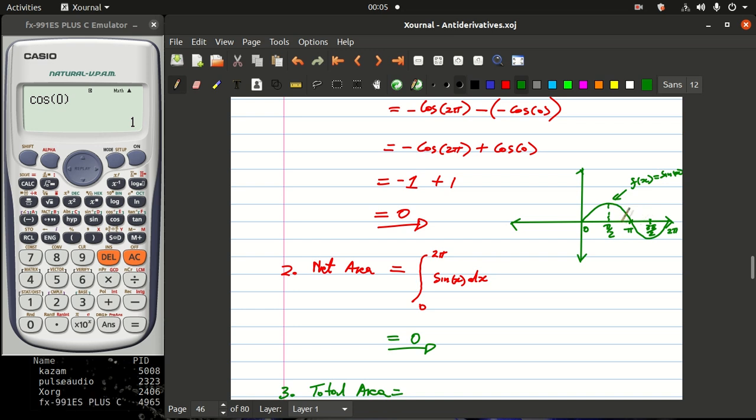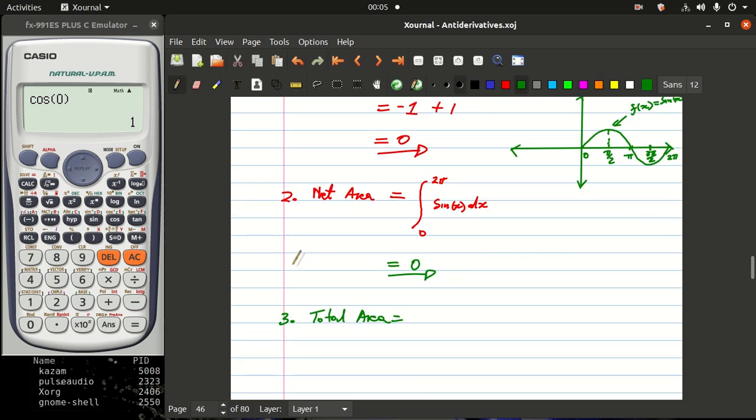So in order for us to get the exact area and not end up cancelling out, we need to find the area from 0 to pi, and then plus the area from pi to 2 pi. So that is now going to be the total area.